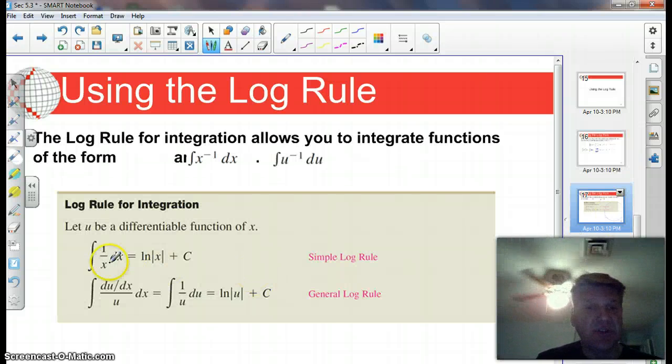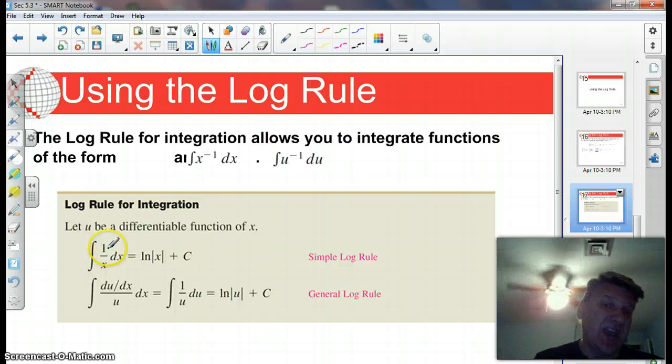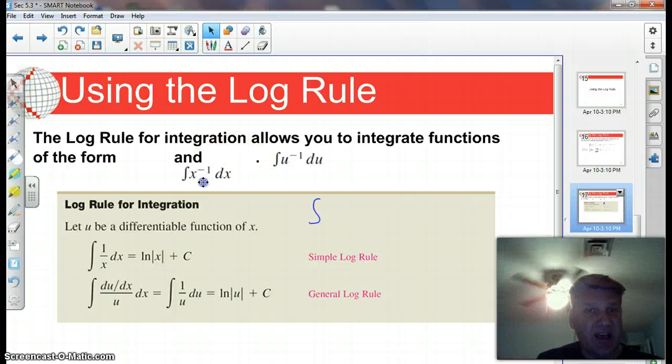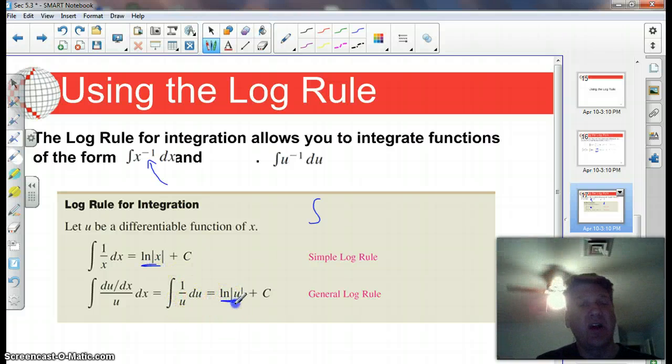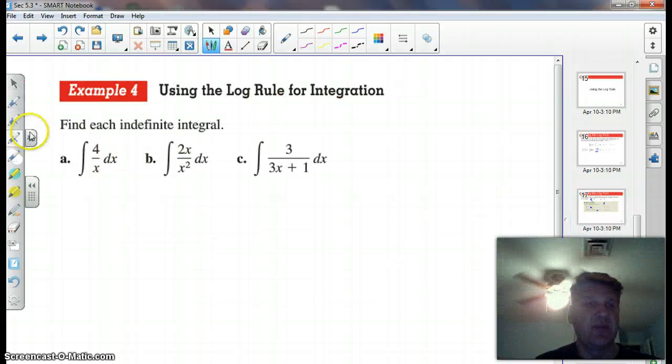And then the log rule says, but since you can't really do this, if you were to rewrite this, and oh, there it is, the integral of x to the negative first, well, if you try to increase that negative 1 by 1, you get x to the 0, and that causes complications. So we come up with a log rule, and it says every time you integrate 1 over x, you get the natural log of x, or 1 over u du, you get the natural log of u for a u substitution. So let's see if we can try one.